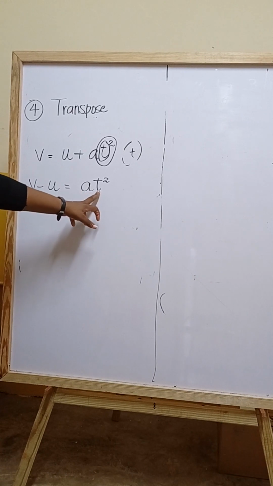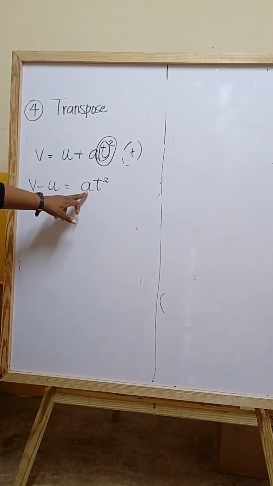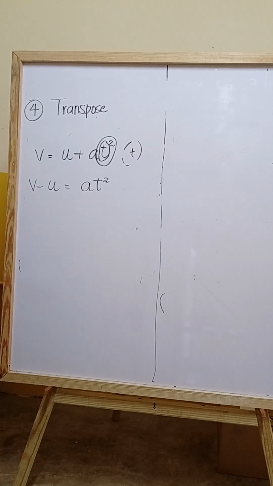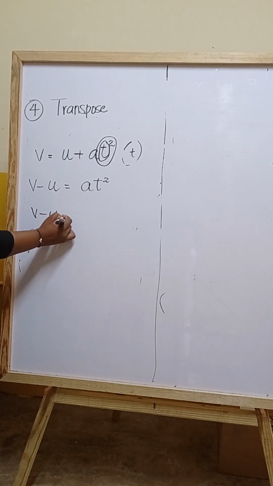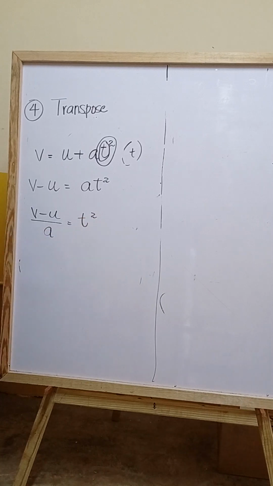But a is being multiplied by t squared. So if we eliminate a on the right hand side, we will have to divide on the left hand side, because the opposite of multiplication is division. So it's going to be v minus u over a is equal to t squared.